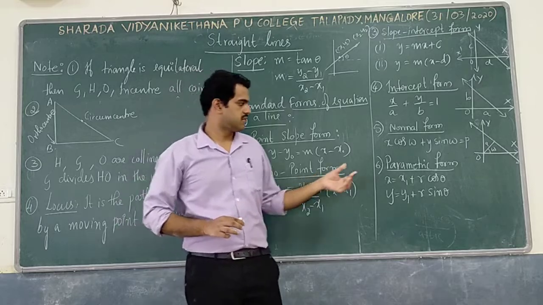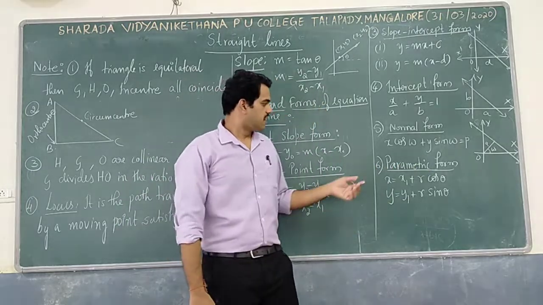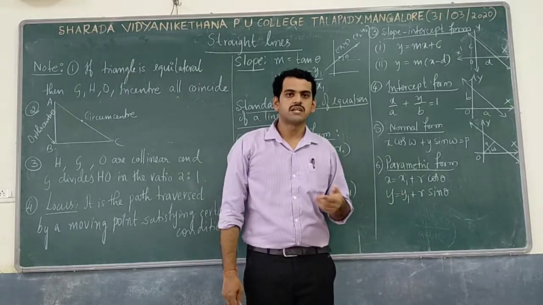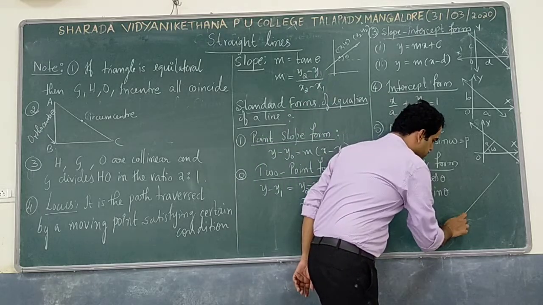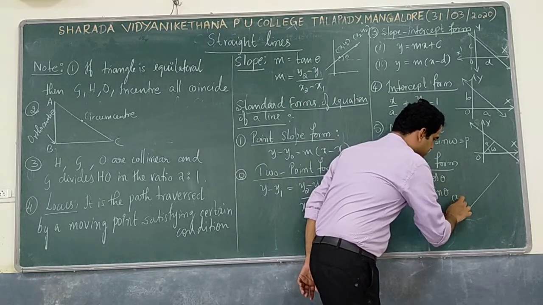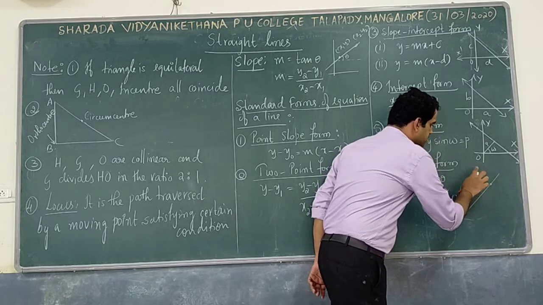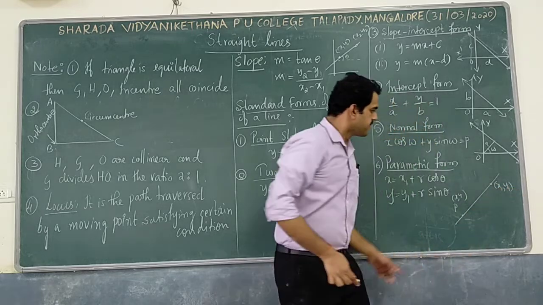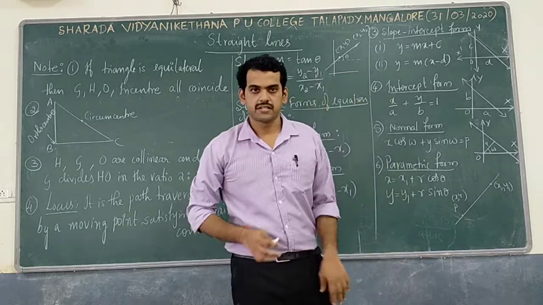And the last one, the parametric form of equation of the line. Suppose I consider a straight line, and P is a point on it with the coordinates x, y. Suppose the given point has coordinates x1, y1, and x, y is any point on the line.